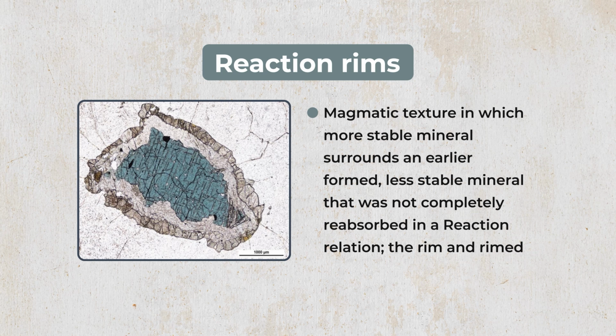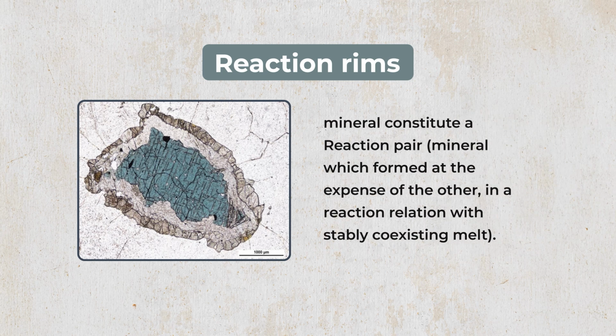The rim and rimmed mineral constitute a reaction pair. The mineral which formed at the expense of the other is in a reaction relation with the stably coexisting mineral and melt. So this pair of minerals is also called reaction rims.